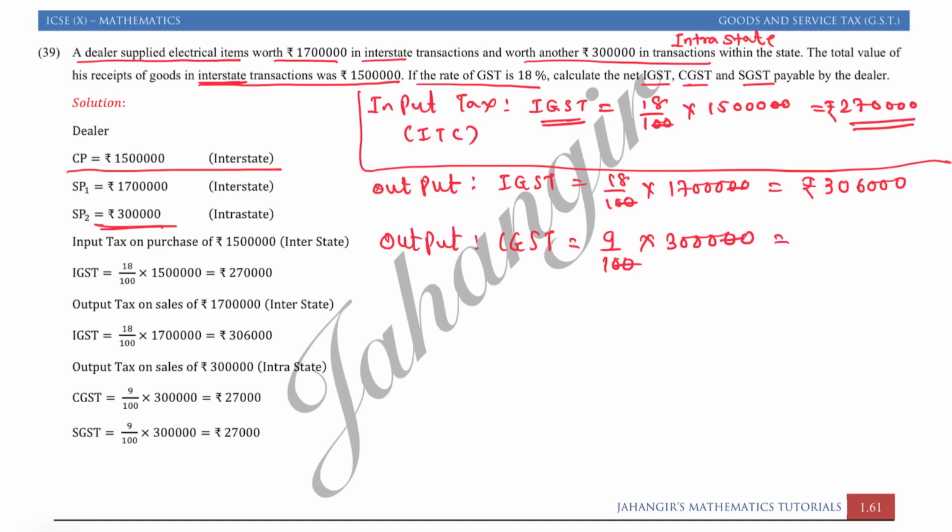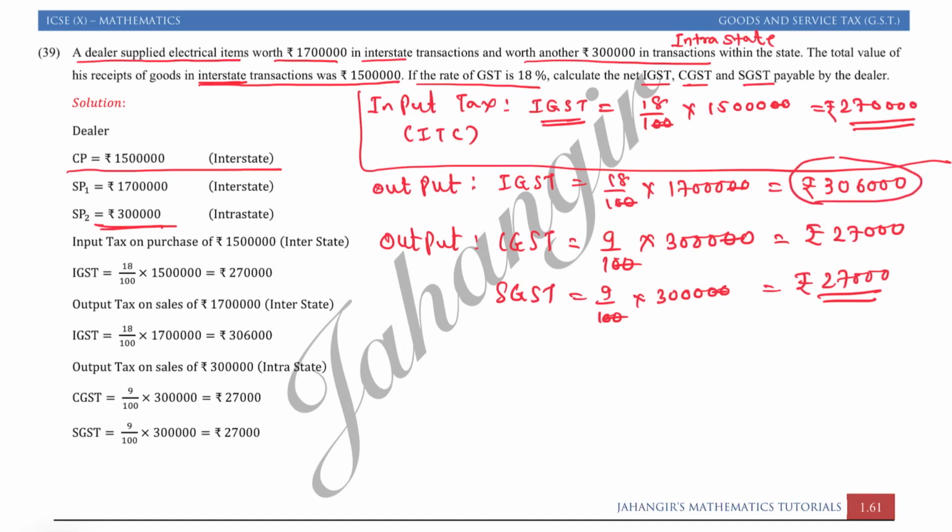So 9 3s are 27, rupees 27,000, and SGST is again 9% of 3 lakh, that is rupees 27,000. So here what you understood, at the time of sales he is getting 3,06,000 as output IGST, and in another transaction which is intrastate, he is getting 27,000 and 27,000 as CGST and SGST.